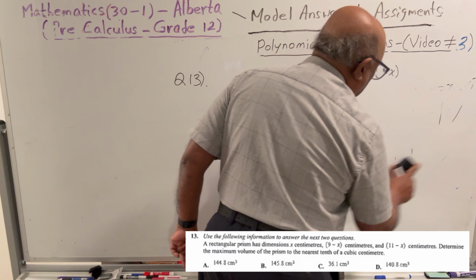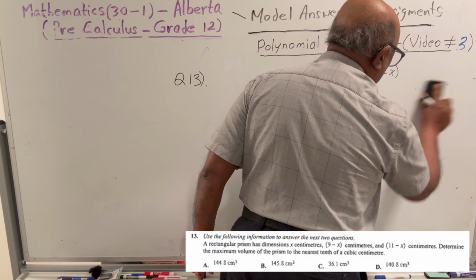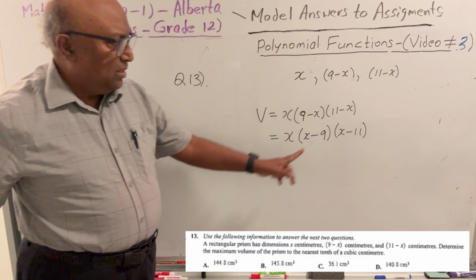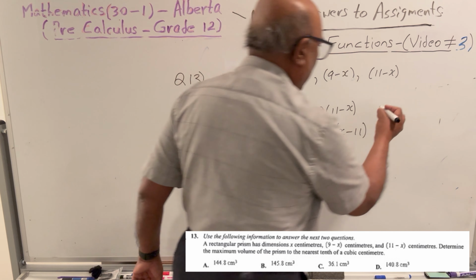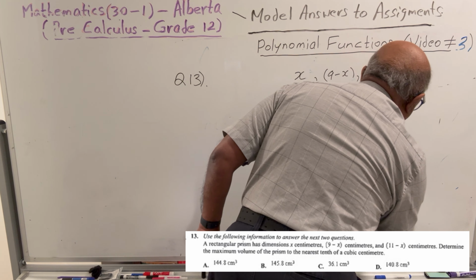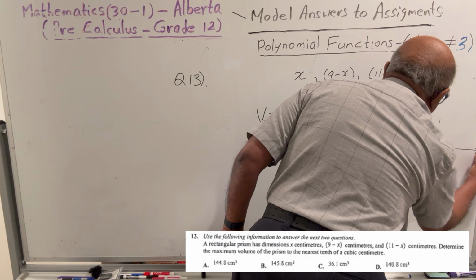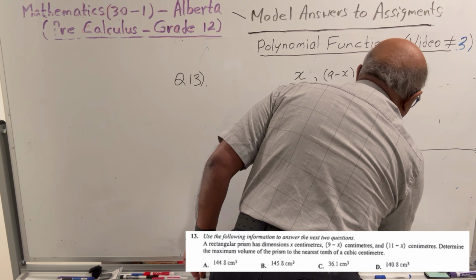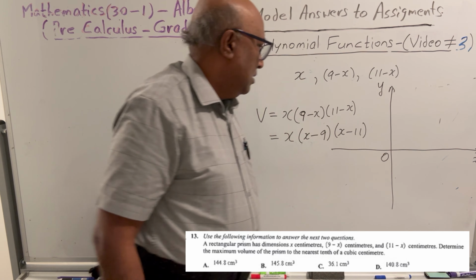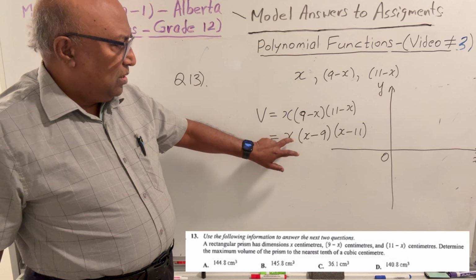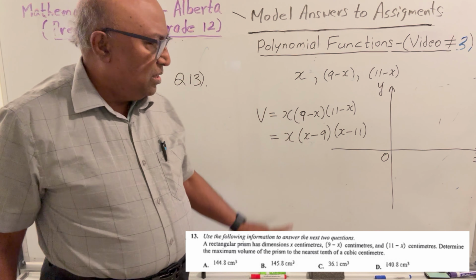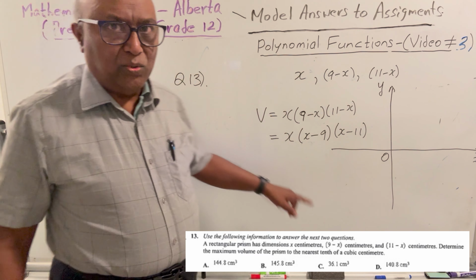Okay, actually here you have to plot this graph. You can plot this graph in the graphing calculator. If you plot this graph in the graphing calculator, how does your graph look? This is the origin, x-axis, y-axis. Let's consider the x-intercepts.